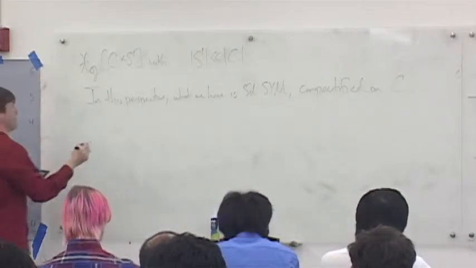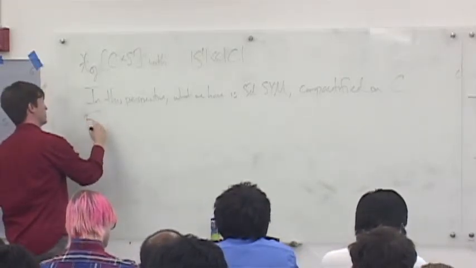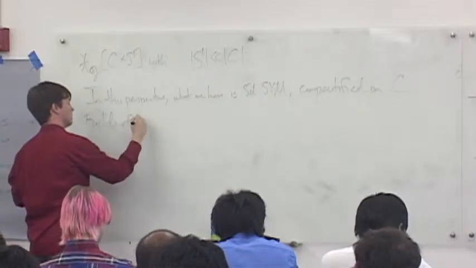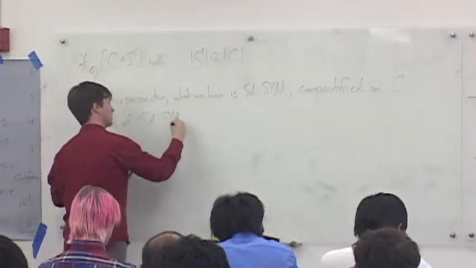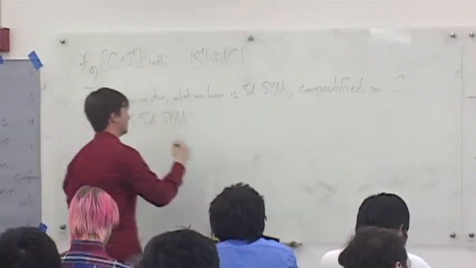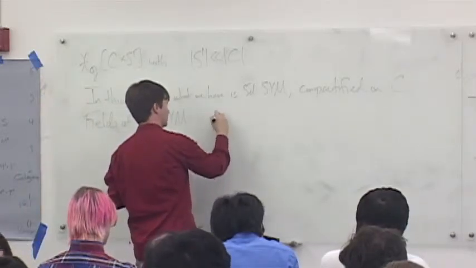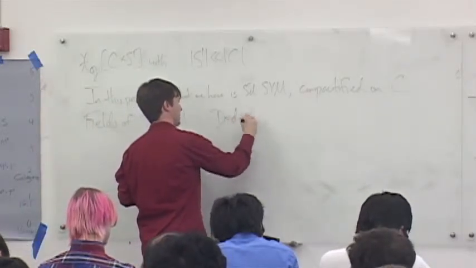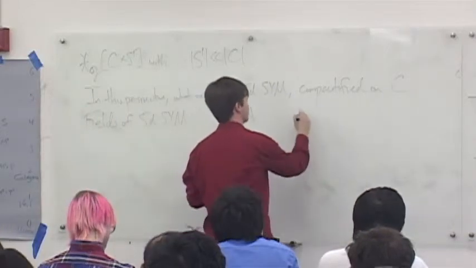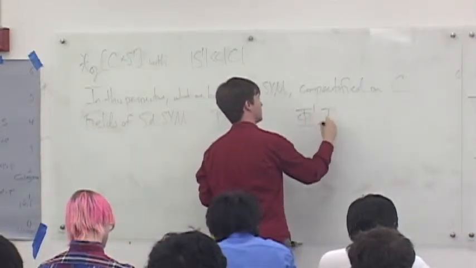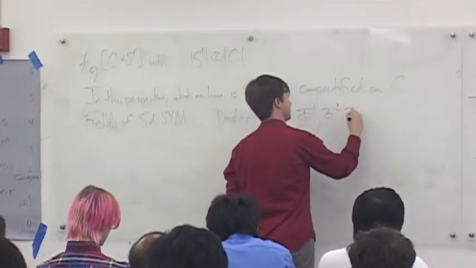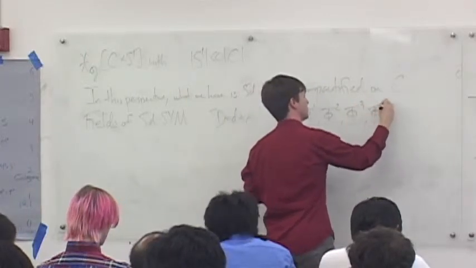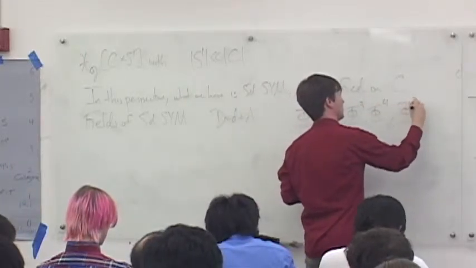You remember the fields of 5-dimensional super Yang-Mills. We had the gauge field, the connection D equals d plus A. A was one of our fields, and the other fields were phi 1, phi 2, phi 3, all adjoint valued scalars, phi 4, and phi 5.